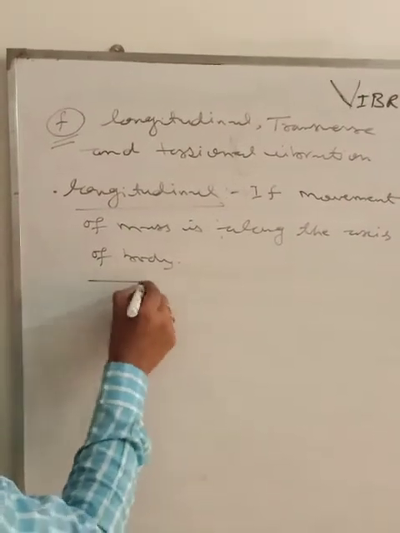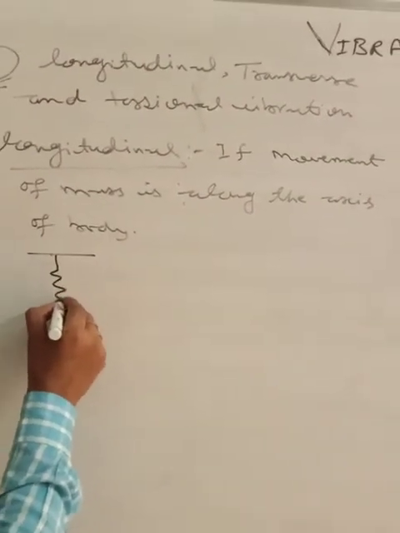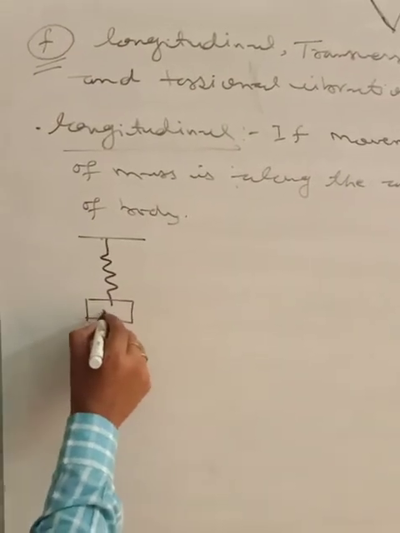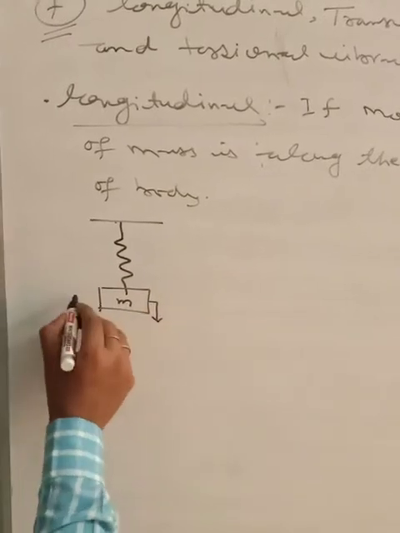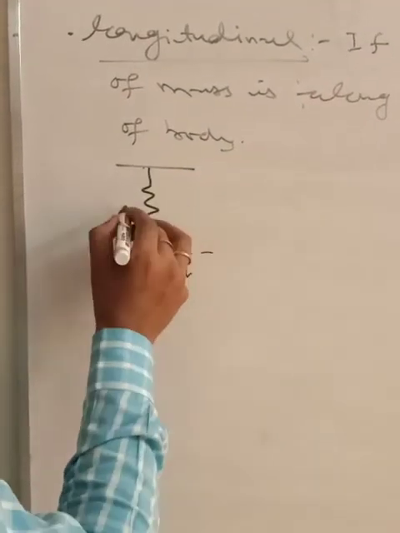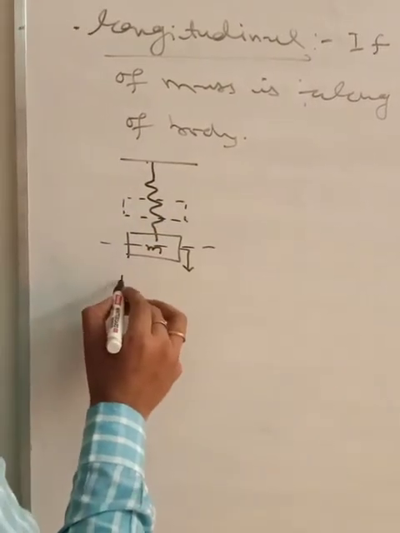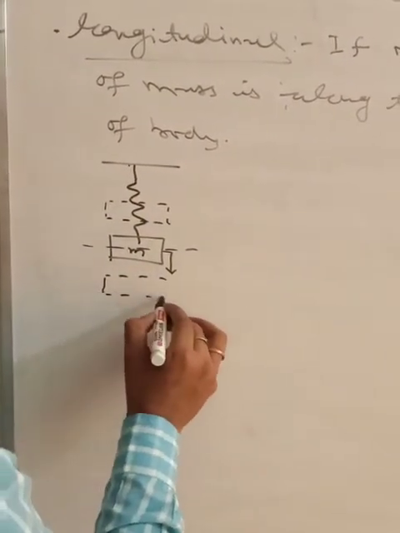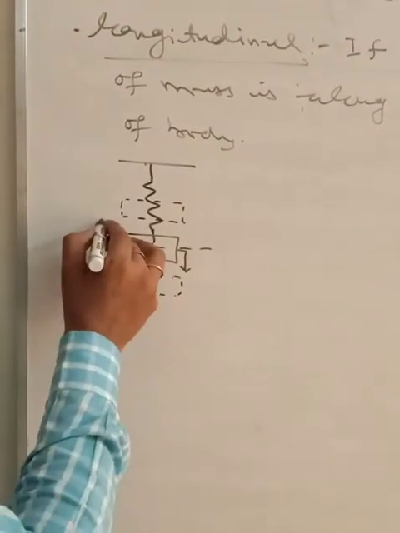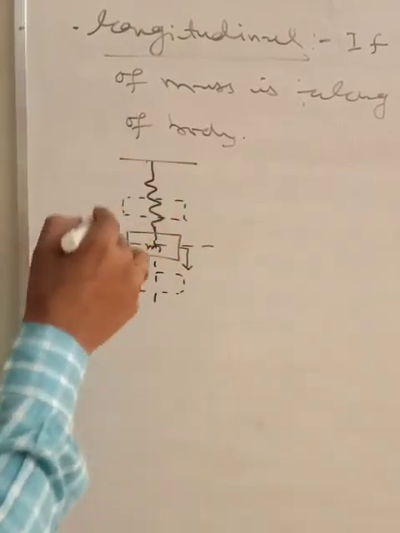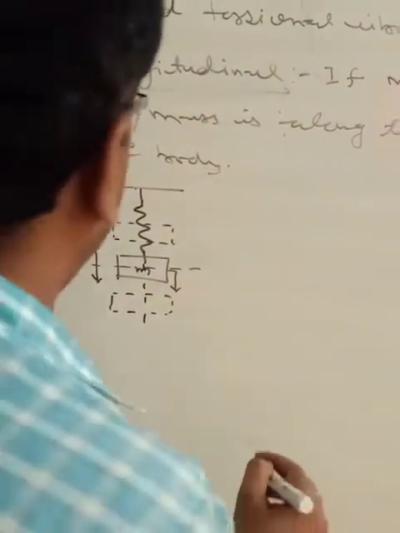It means if we consider this as the mass and we give some excitation, it will move up and down along the axis. This is known as longitudinal vibration.